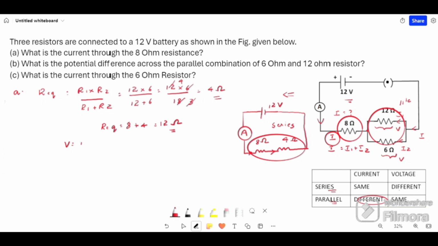Now we know V equals I into R. From this, I equals V by R. V is 12 volt divided by R, which is 12 ohm. And we can derive an equivalent circuit as we have the same voltage source, then an ammeter, then both 8 ohm and 4 ohm can be replaced by a single resistor of 12 ohm and a complete closed circuit.